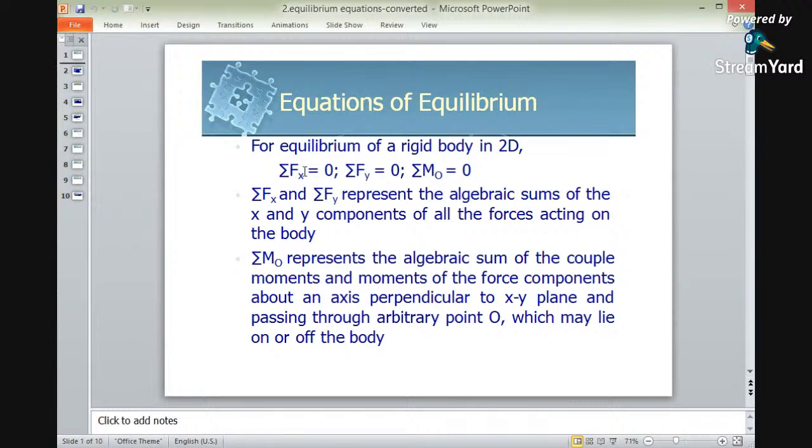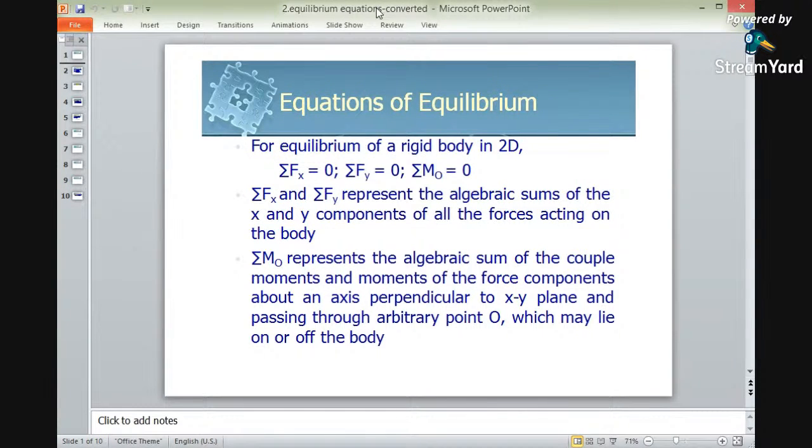The summation of all horizontal forces acting on a body is to be equal to zero, and all the vertical forces acting on a body is also equal to zero, and the summation of all moments, we are taking at a particular point, here the example is O. The summation of all moments at a point is also equal to zero. Okay, that is also equal to zero.